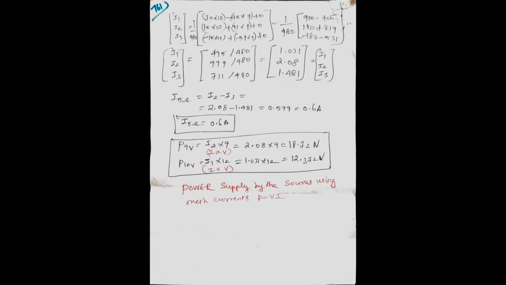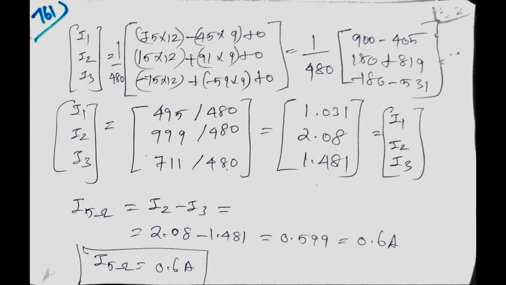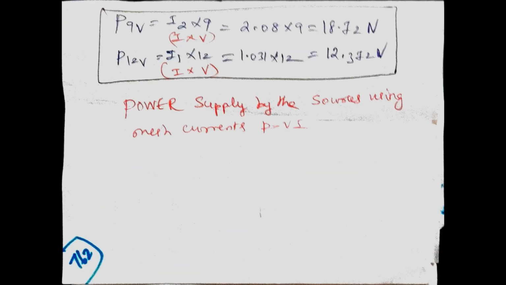P12 volt, that is the power of the 12 volt source, is the I1 mesh current into the 12 volt supply, that is 1.031 into 12, equal to 12.372. In this method we apply the power formula capital VI, voltage into current. The power supplied by the source using mesh currents is P is VI.